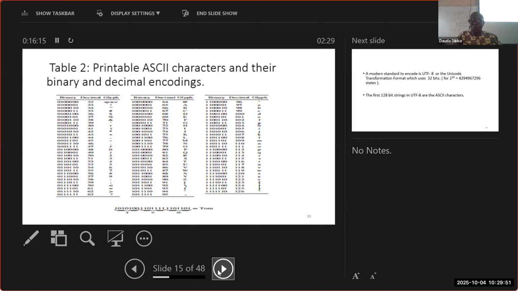So using the ASCII code, the first 8 digits represent T. Then the second 8 represent O. While the last 8 digits will represent M. So combining the 3 together will give us a name, which is Tom. So usually the classical computers, which are based on the binary string, will be able to encode the binary string to represent a name.